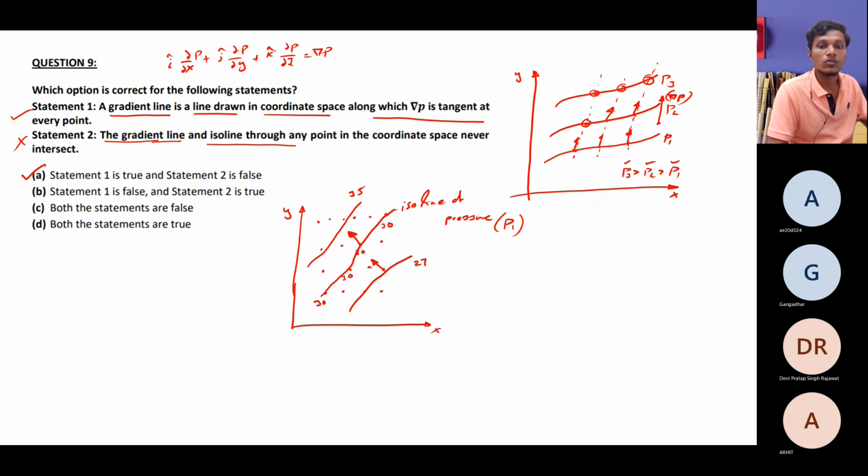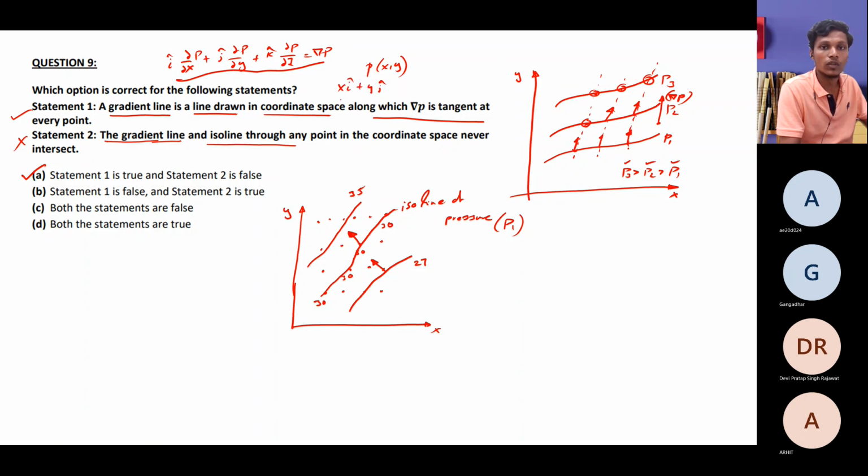If you find the gradient at every point, that means if you have p as a function of x comma y, you substitute this function p of x comma y in this equation, and you will get a vector in this form, x i cap plus y j cap.